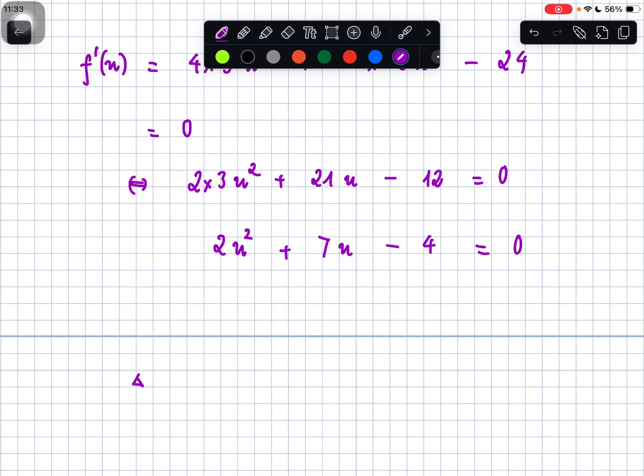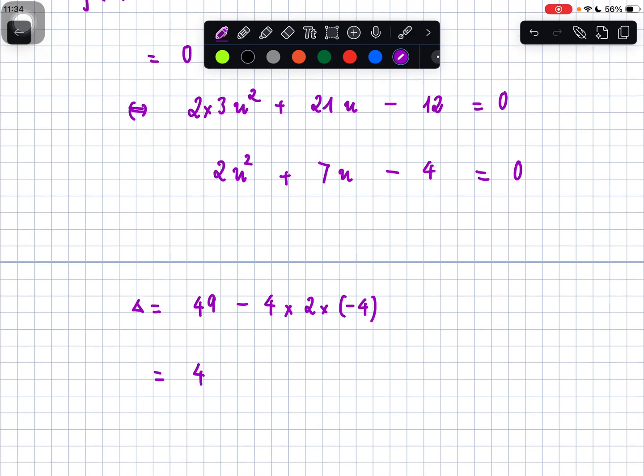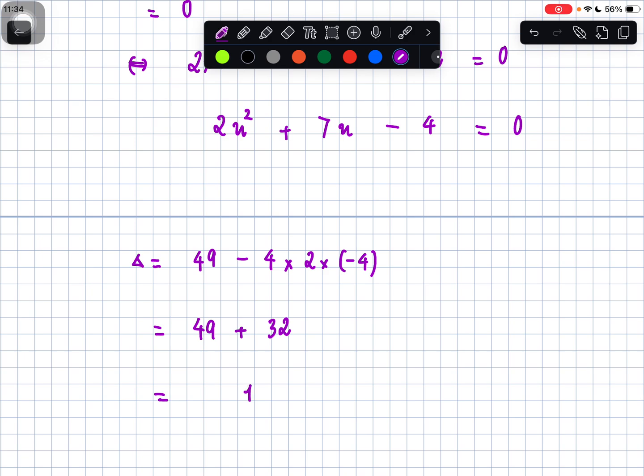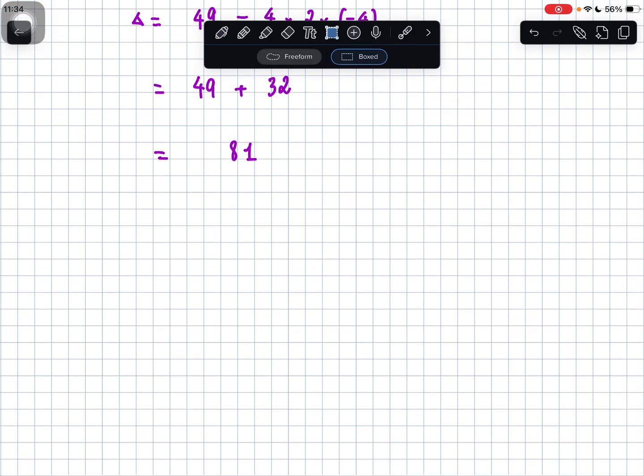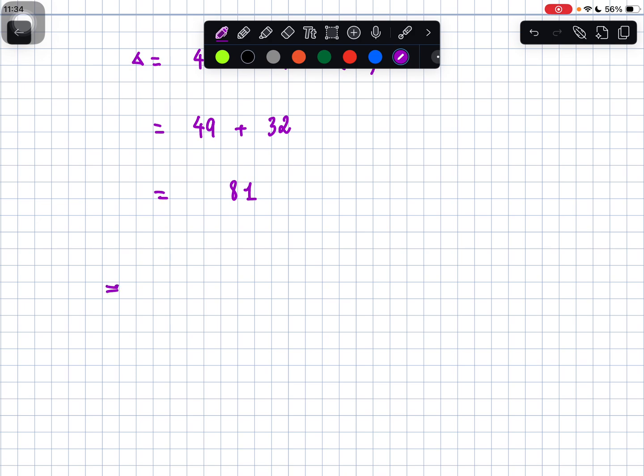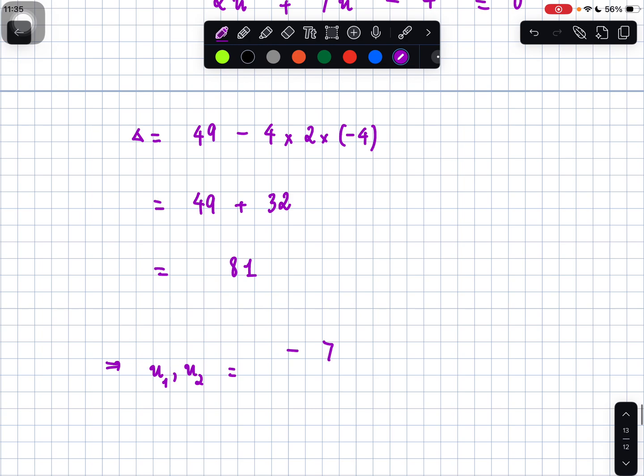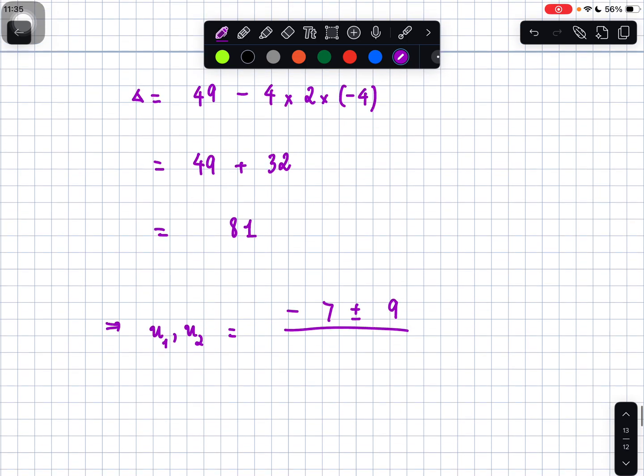So this is good. Delta equal to 49 minus 4 times 2 times 4, so you have 16 times 2, 32. 49 minus 32 is 17... we get 81, which is nice. So this is positive. You have 2 roots, u1, u2: minus b plus or minus the square root of 81 divided by 2 times 2.